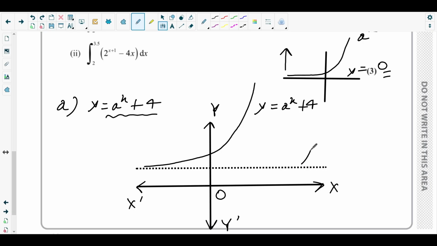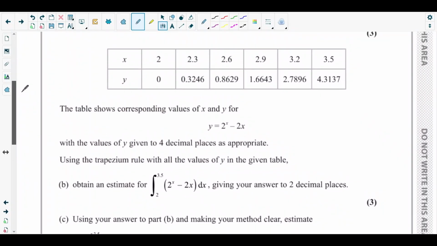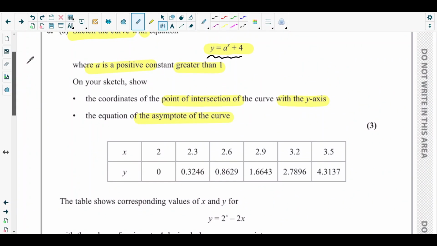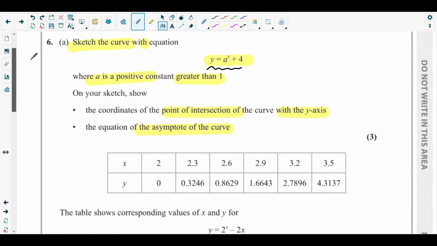The asymptote is at y equals 4, moved along the positive y-axis by 4 units. For the y-intercept, put x equals 0: a to the power 0 is 1, so 1 plus 4 is 5. So when x is 0, y is 5. This is the y-intercept. That's it, this is the sketch of the curve y equals a to the power x plus 4.